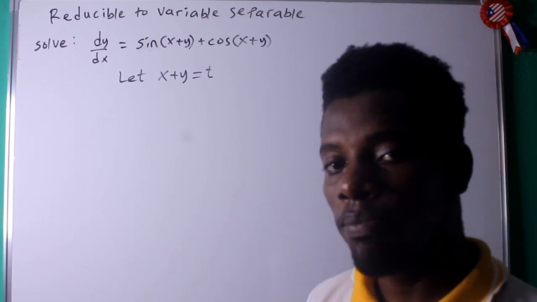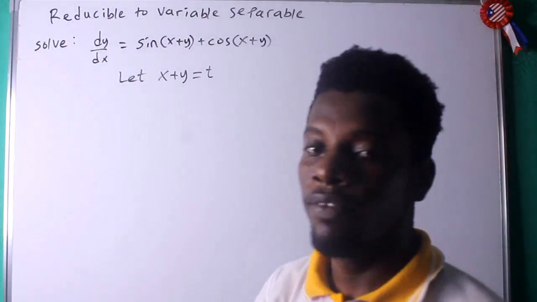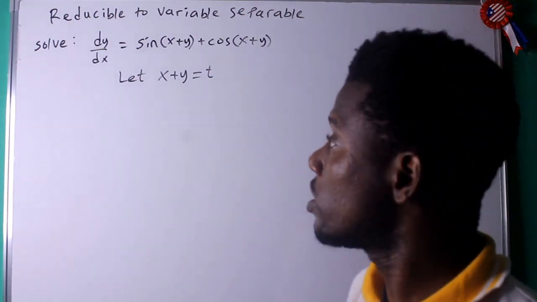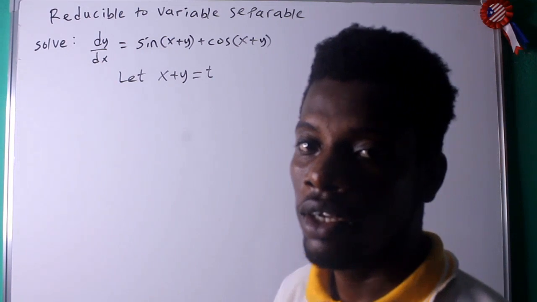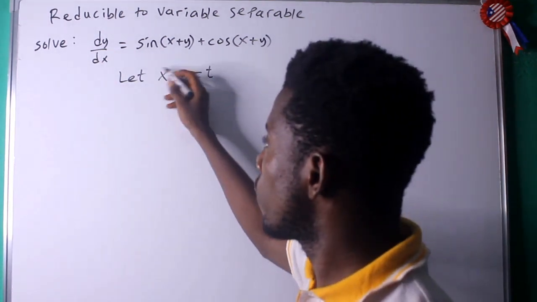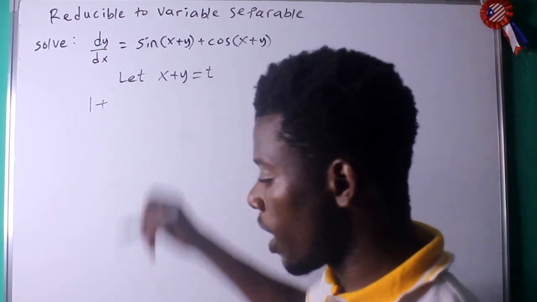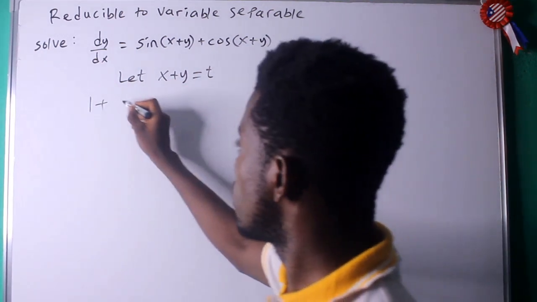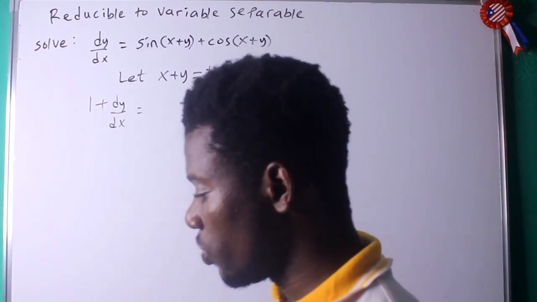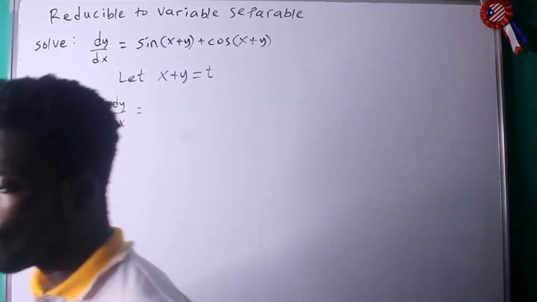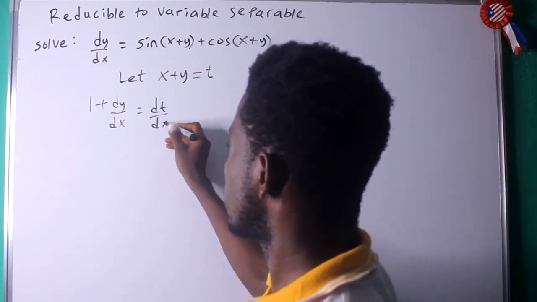And then we differentiate both sides with respect to the independent variable, which is x. We have the derivative of x with respect to x is 1, plus the derivative of y with respect to x is dy by dx, equal to the derivative of t with respect to x, which is dt by dx.